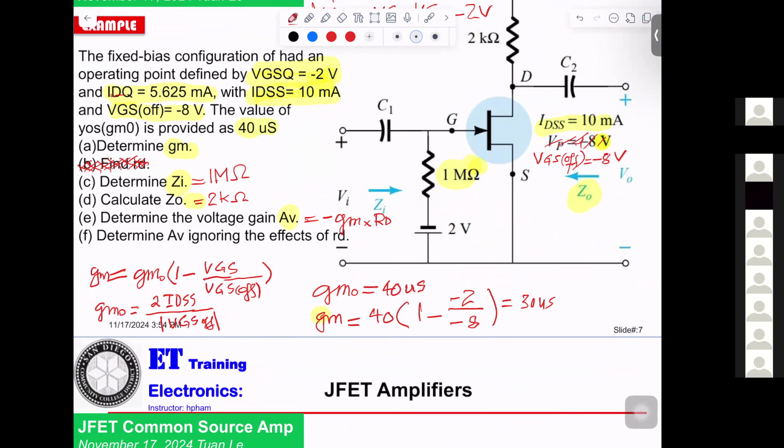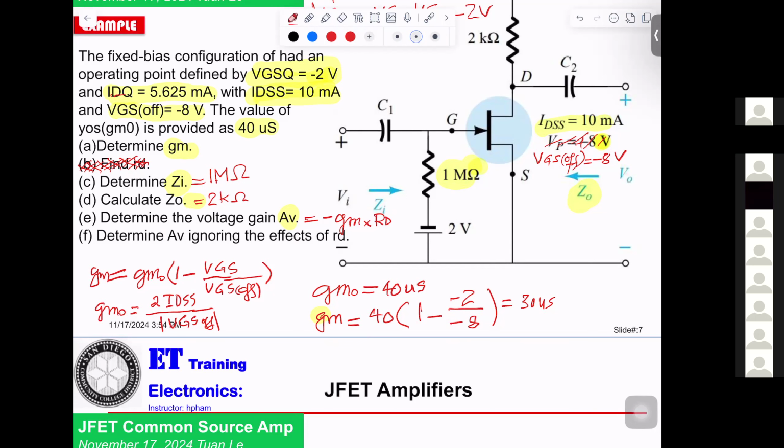So now you can calculate that. You already got the GM. You know RD. RD has to be in ohms, right?